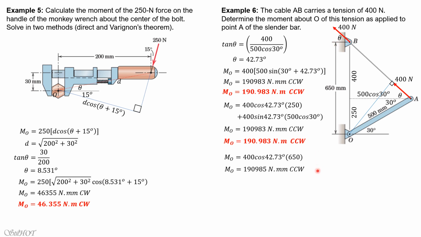The result is 190.985 Newton mm counterclockwise, or 190.985 Newton meter counterclockwise. There is a very small discrepancy due to the value of theta, which is rounded off to only two decimal places. If you use the full value of theta, all three will be the same.